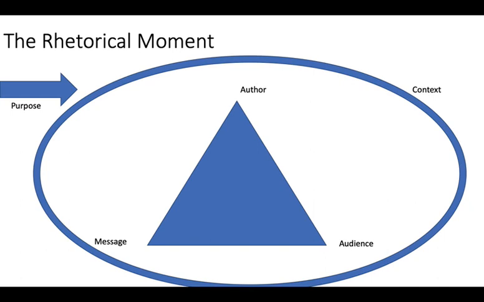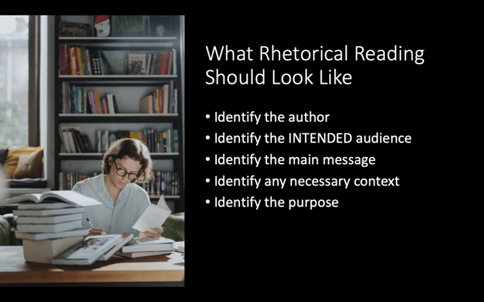So what should rhetorical reading look like? First, you should identify the author. And this means not only finding out who the author is, but also thinking about what the author reveals about themselves through how they write and how that influences how the text is written. Then you should identify the intended audience. This means not thinking about who might be reading a text today, but rather whom the author has in mind while crafting the message.